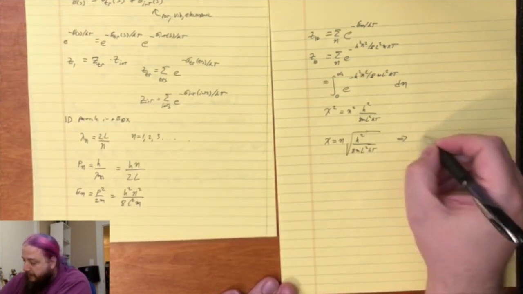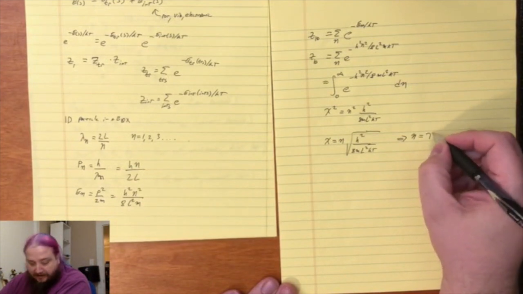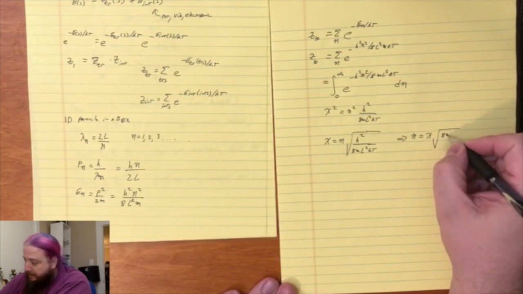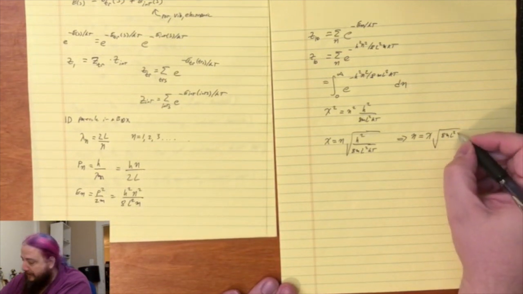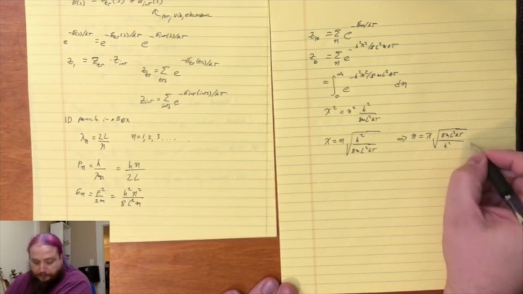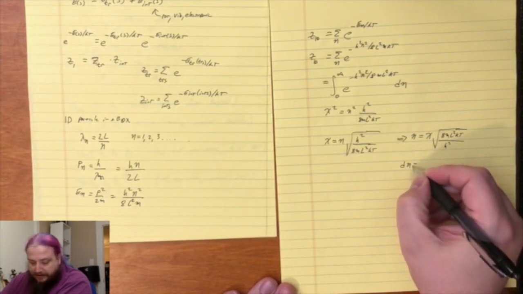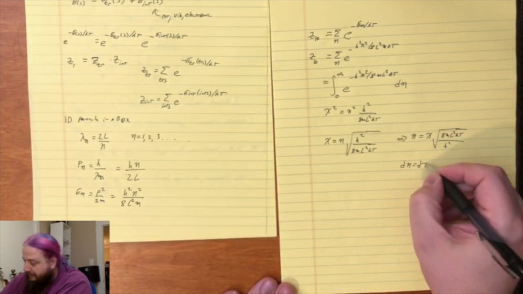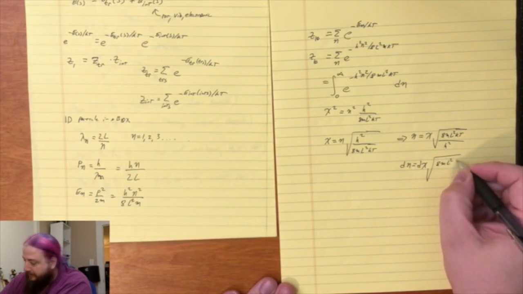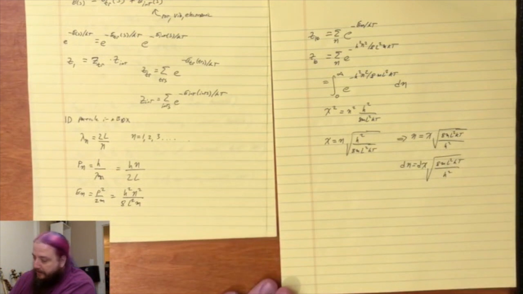And if we turn that around and solve for n, then n is x times the square root of 8ml squared kT over h squared, and our dn then is dx times the square root of 8ml squared kT over Planck's constant squared.